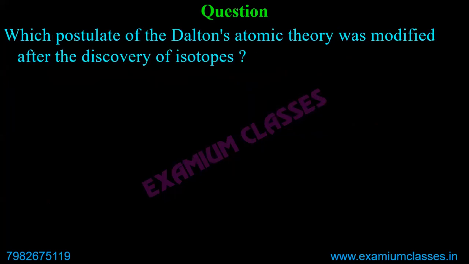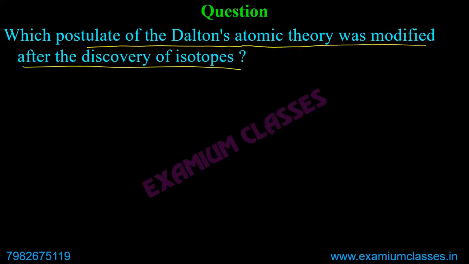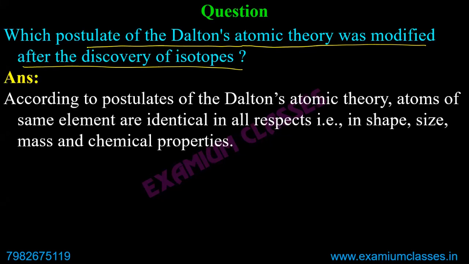Good. Which postulate of Dalton's theory was modified after the discovery of isotope? The same thing again, but it is now applicable to Dalton's theory also. According to postulate of Dalton's atomic theory, atoms of same element are identical in all respects.